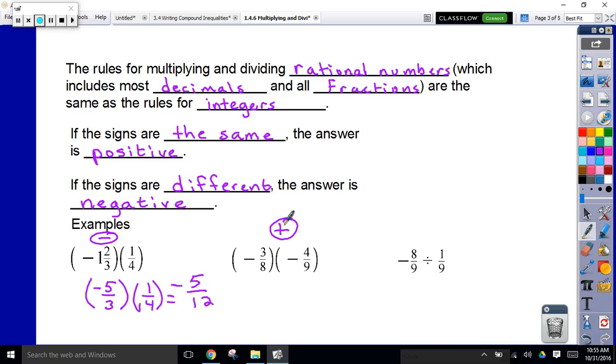Look at the diagonals. Can we reduce diagonally on this example? Yeah, three turns into a 1, and 9 turns into a 3. Good. And the 4 turns into a 1, and 8 turns into a 2. Good. So we get 1/6. And that was positive, so it's just 1/6.